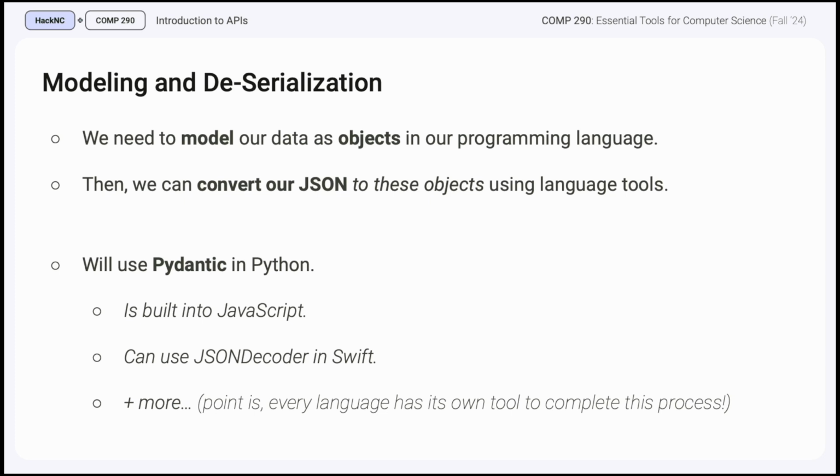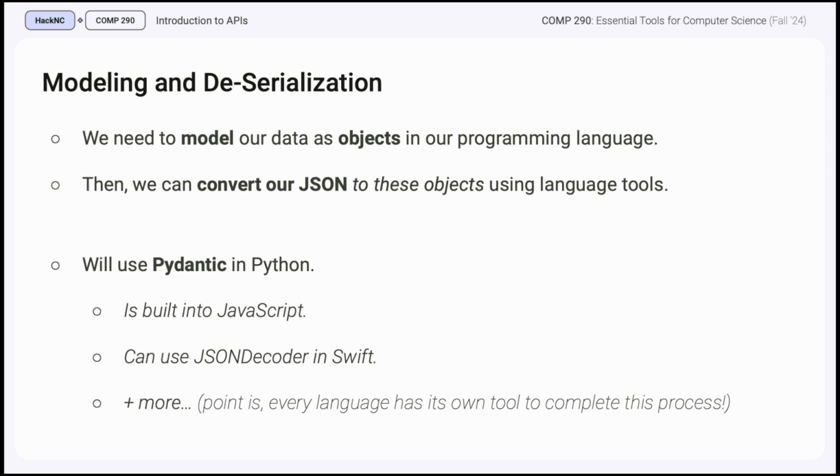This conversion process of taking JSON and converting it into an object exists in most programming languages. In Python, we use a package called Pydantic, which makes this really easy. It's only a few lines of code. In JavaScript, because JSON is native there, there are built-in tools to handle that.